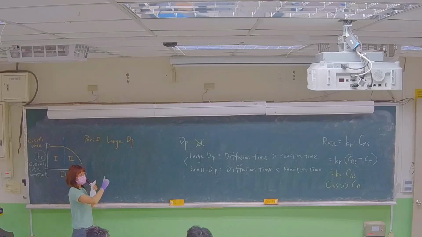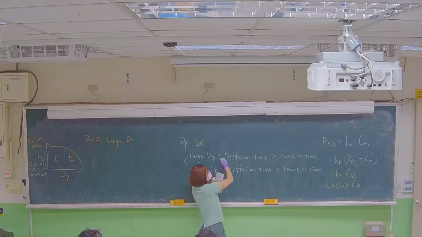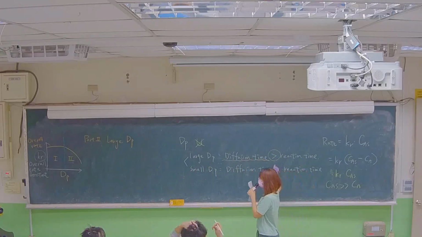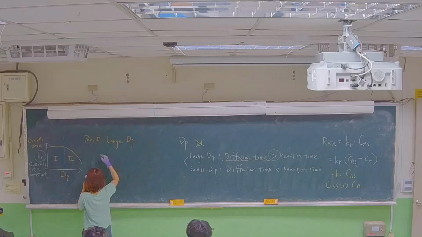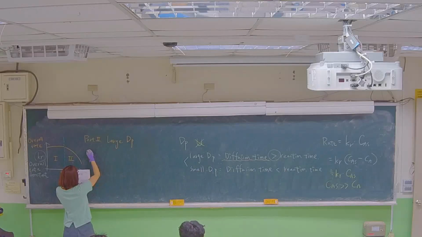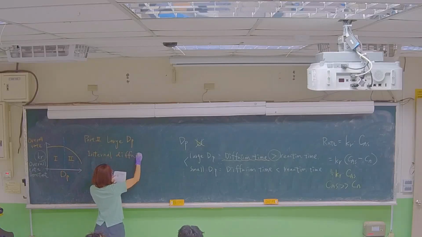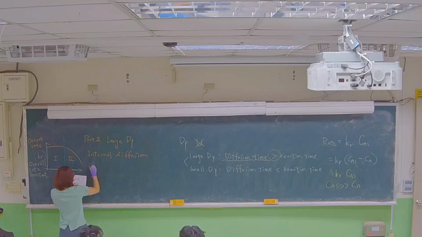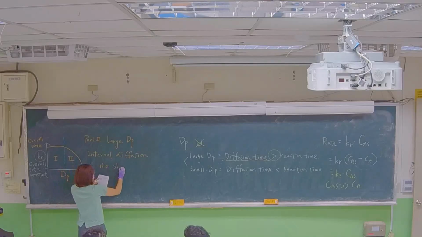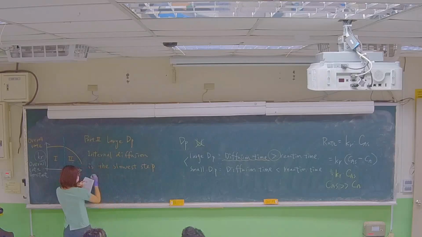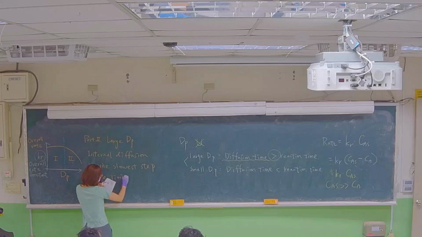For large particle size, diffusion time is larger. So the internal diffusion is the slowest step. Right? So we can also call it the rate limiting step.